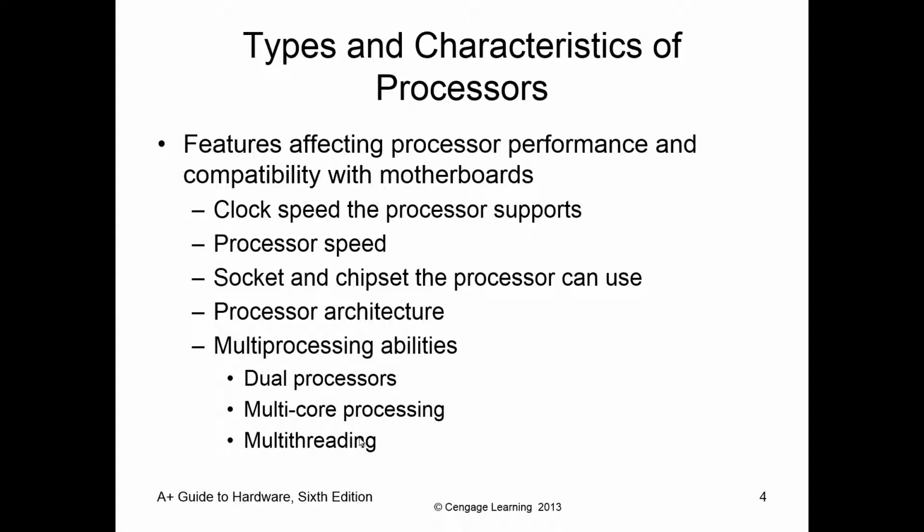So when we start talking about characteristics of a processor, what a processor is, we have to talk about a few things. First of all, the speed of the processor. That's typically known as the clock speed, which is the clock speed that the processor will support. How fast can the processor work?